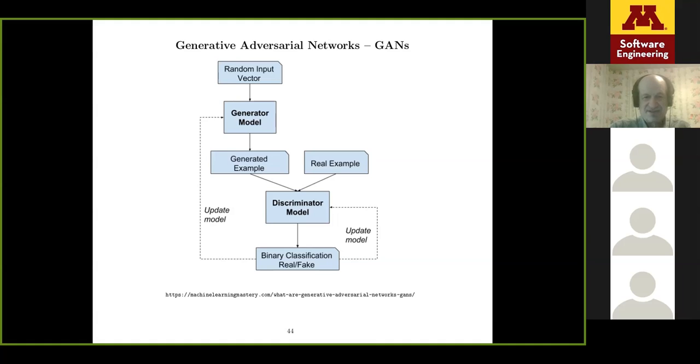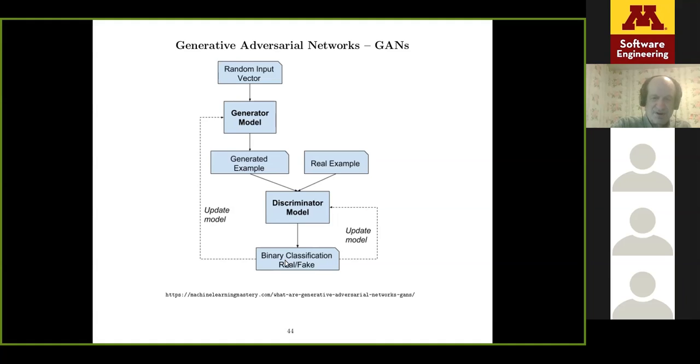So the generator is trying to fool the discriminator into thinking that this generated example is real. And so you update the weights in the generator, and the loss function is basically the opposite here.